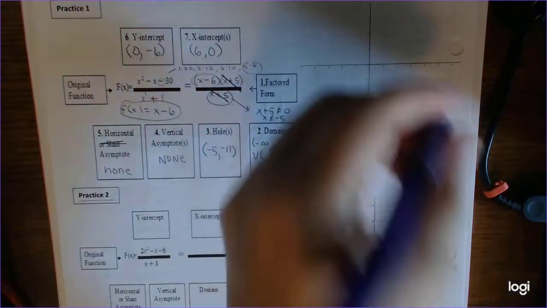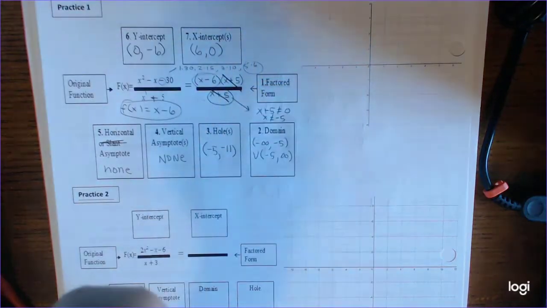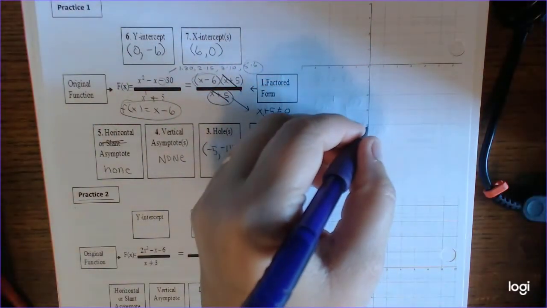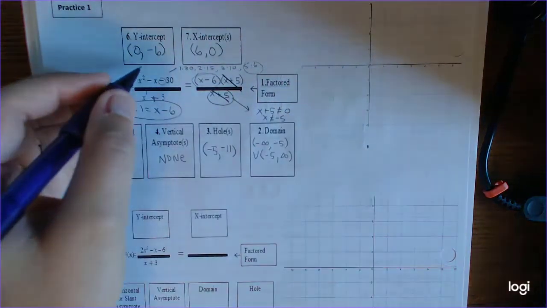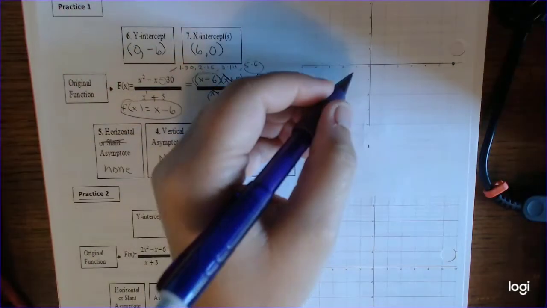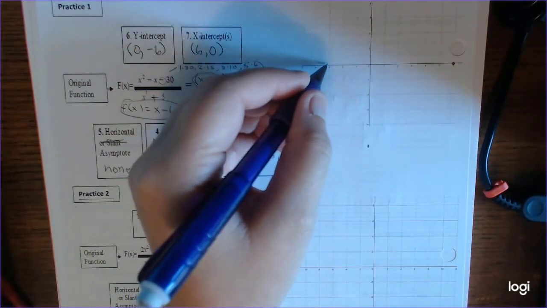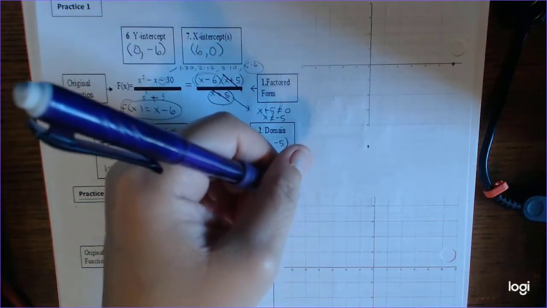So let's graph the points first. So it looks like we're counting by ones, which is a little bit harder because we have to go down here to 0, negative 6, and then we have to go over here to 6, 0, and we have a hole at negative 5, all the way down to negative 11.